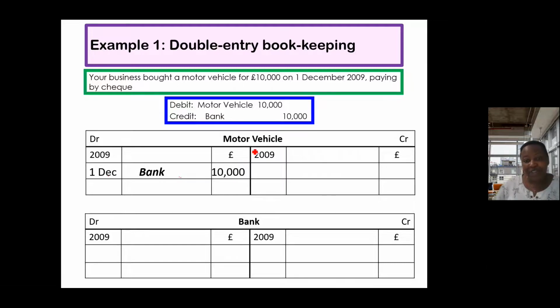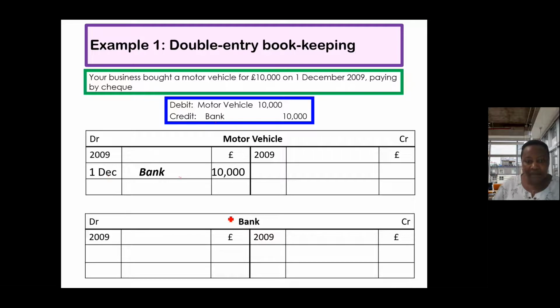So we'll post it this way. You debit your motor vehicle account because there has been an increase in motor vehicle, but then there has been a decrease elsewhere. Do not forget our dual principle. For every debit entry, there has to be a corresponding credit entry. What reduced to bring about this increase in motor vehicle? It was bank, and then we have our bank account here.